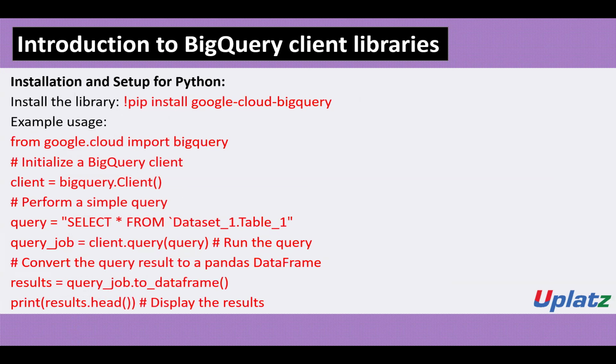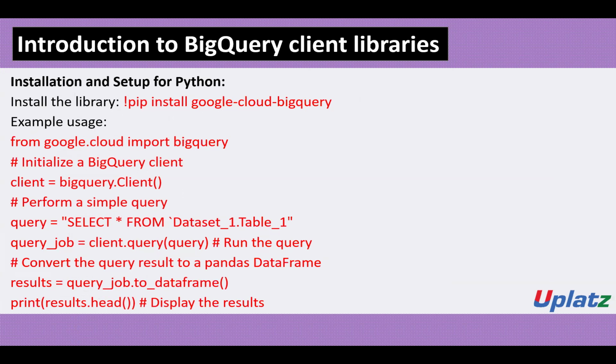We have done the installation and setup for Python, so in a Jupyter Notebook, we have installed Google Cloud BigQuery. After that, we have written this code in order to retrieve the data from table 1 from dataset 1.